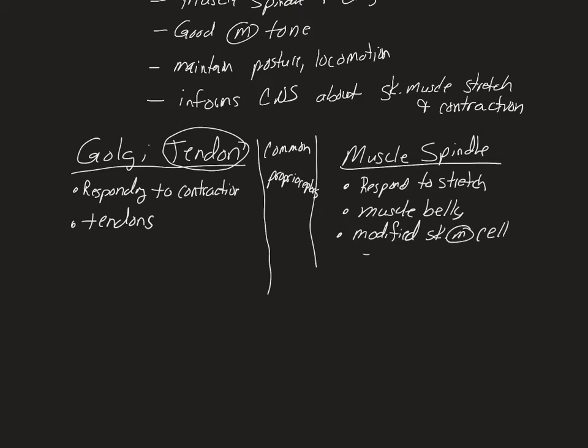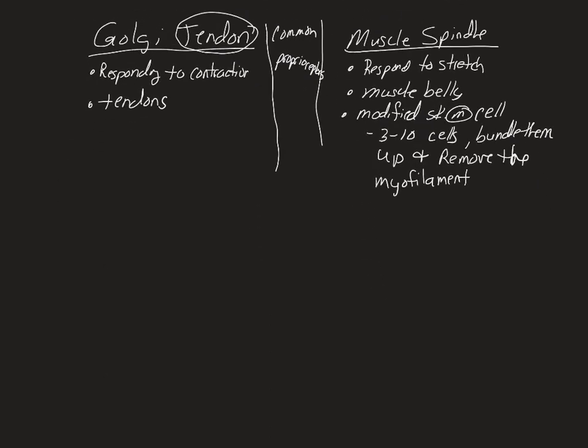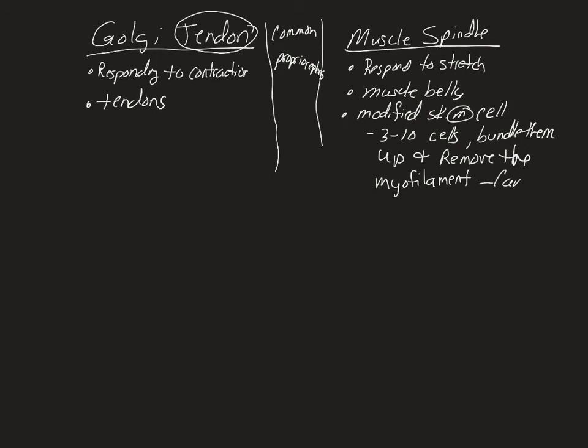So you'll take like 3 to 10 cells and you're going to bundle them up, and you're going to remove the myofilaments. So this isn't a muscle cell that can do contraction. So it can't contract.